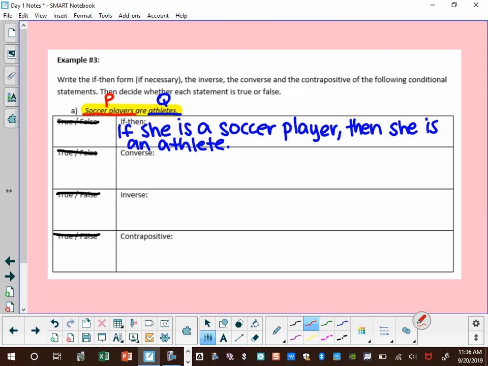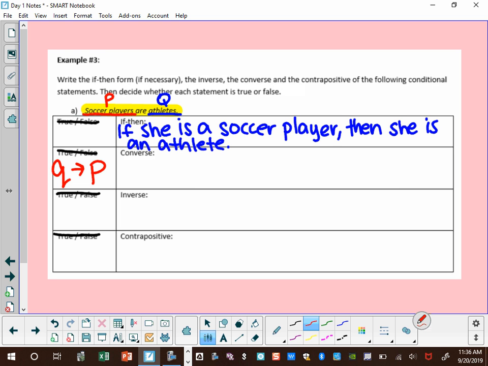Take a look at your blue cheat sheet. What are the symbols for converse? Q to the P. How are you guys so confused on that? Were you looking at your symbols?